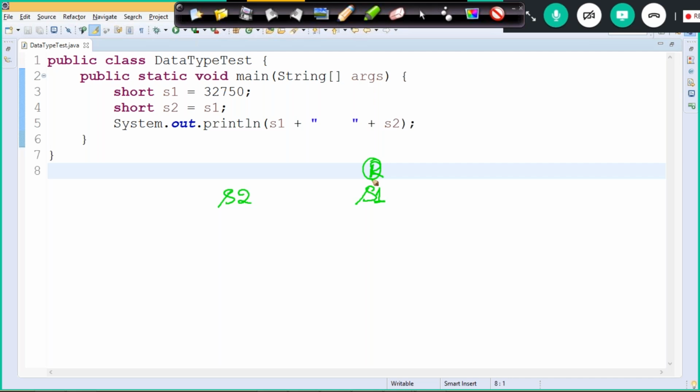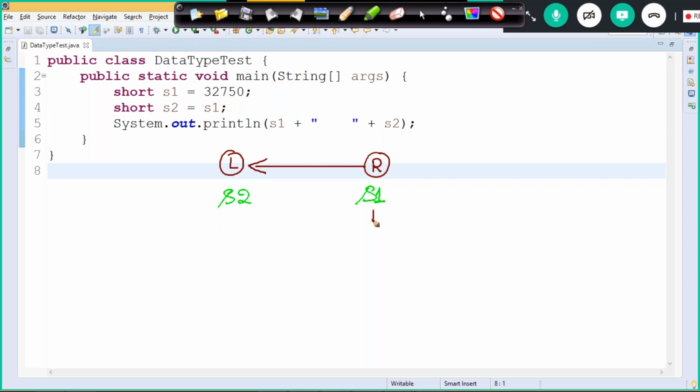Come on. So I'm assigning from S1 to S2. S1 is at the right side, S2 is at the left side, correct? Yes, I'm assigning from right to left.